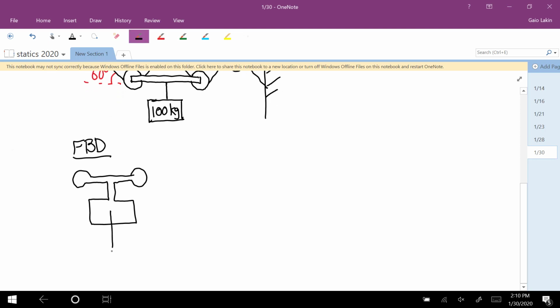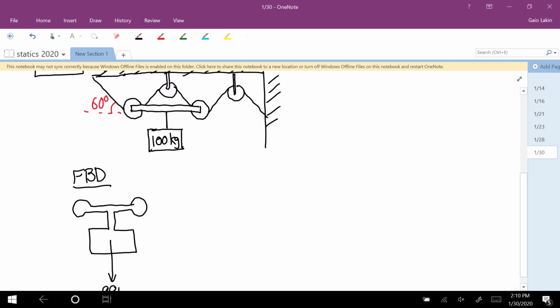The weight force is 100 times 9.81, so 981 newtons. And now the cable forces are all parallel to the cable, away from the body. So there's a force like this, a force like this, a force like this, and one like this.